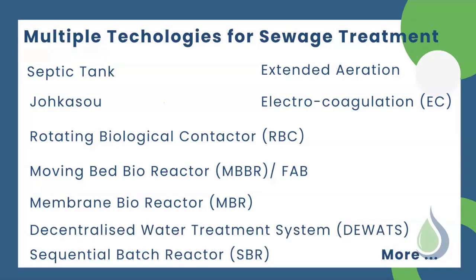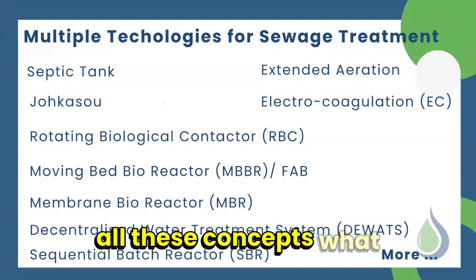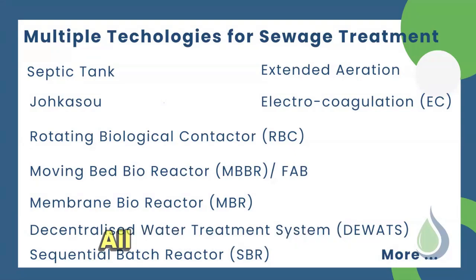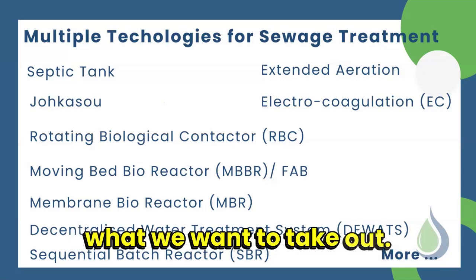And above all these things, there is also one more process called electrocoagulation, or electrooxidation, which is totally different from all the concepts we have discussed. All other processes use bacteria to eat and remove what we want to take out.